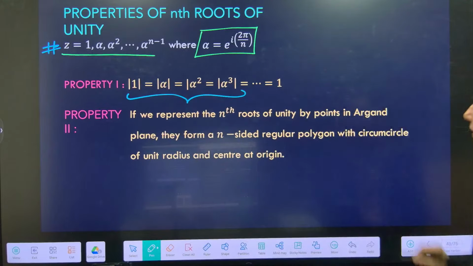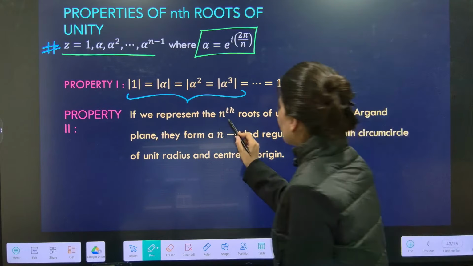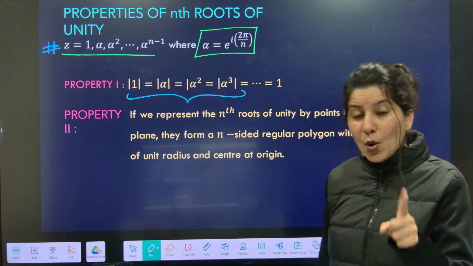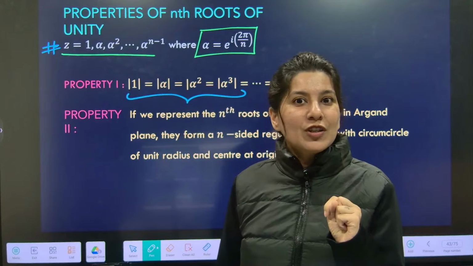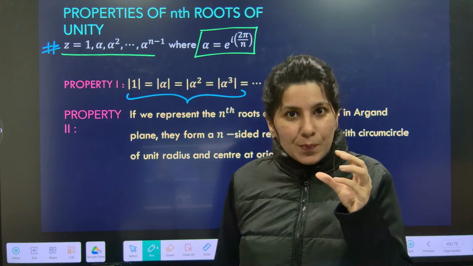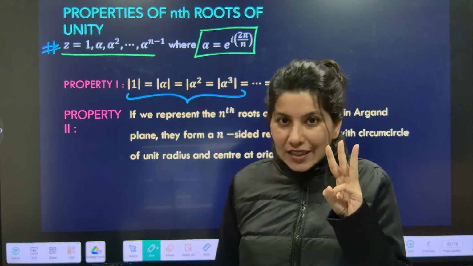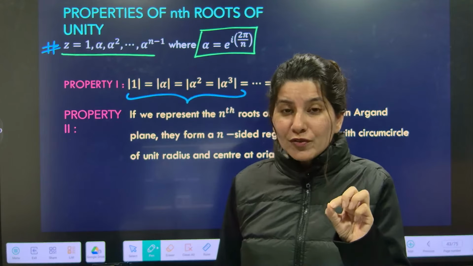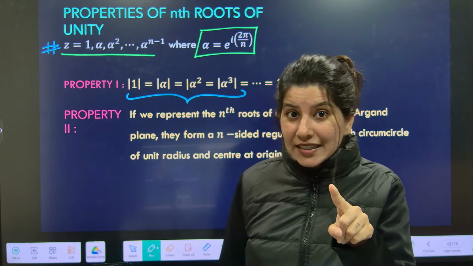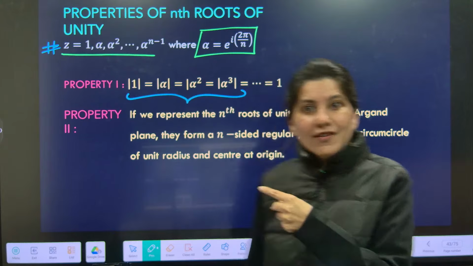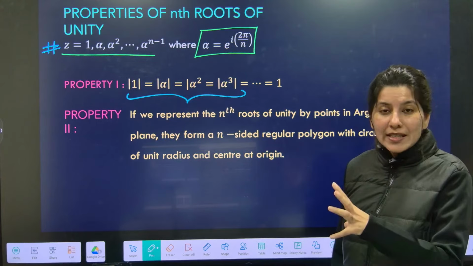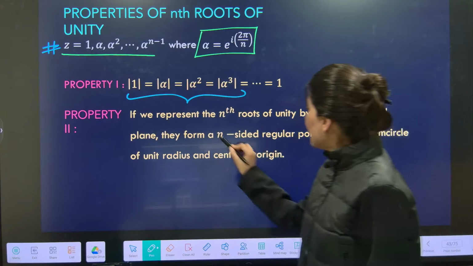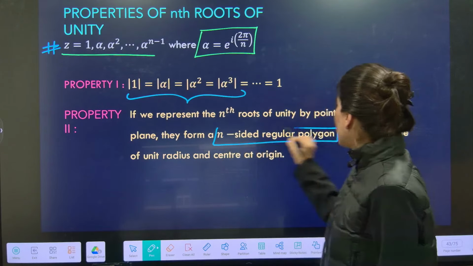Property 2, very important, is the same as cube root of unity. In cube root of unity, if you plot all the 3 roots, you were getting an equilateral triangle. If you plot all the n roots of unity in the complex plane, you're going to get an n-sided regular polygon.